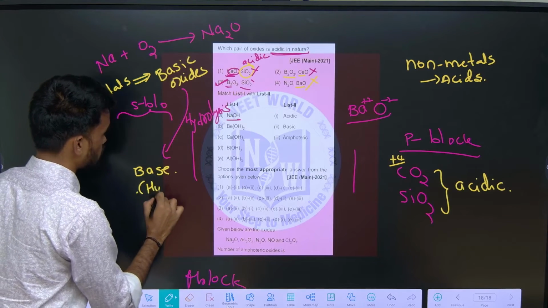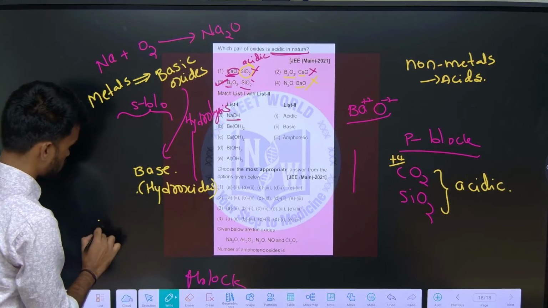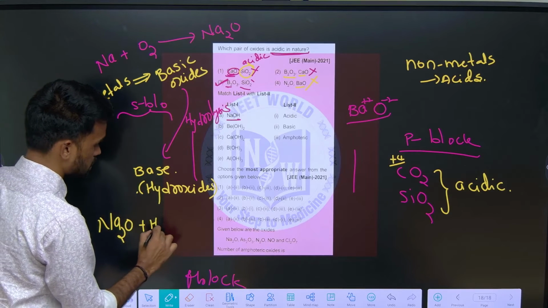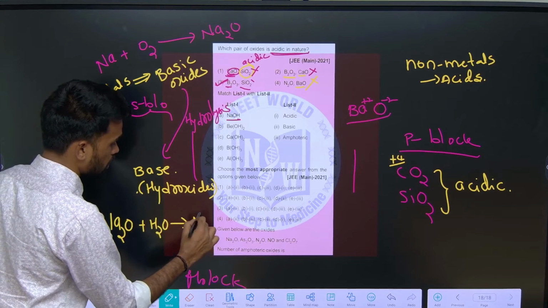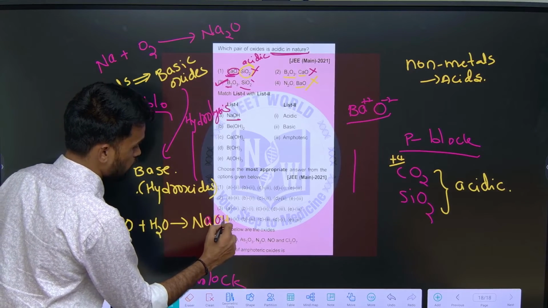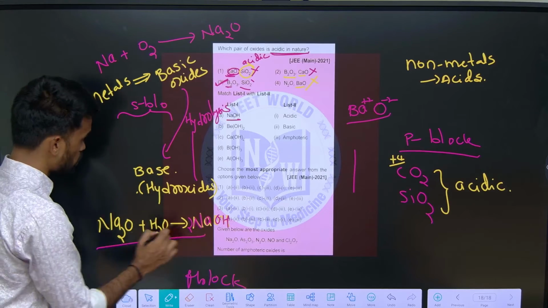For example, if I have Na2O or CaO, upon adding water they will form NaOH, 2 NaOH. So this is about basic oxides.